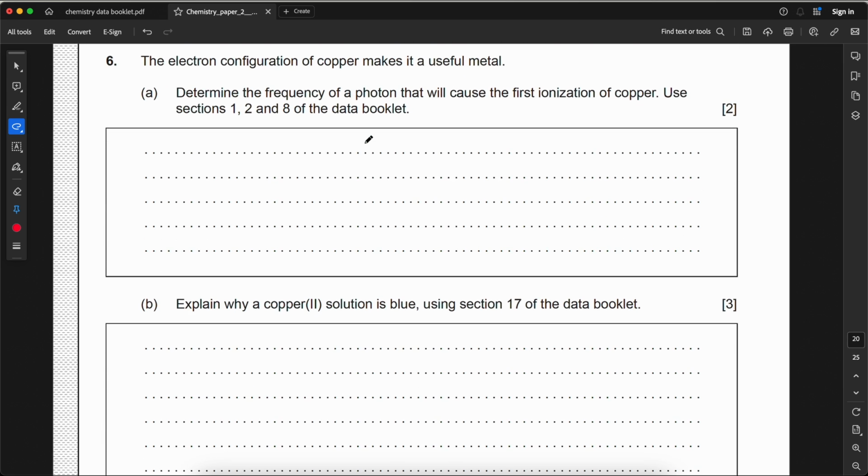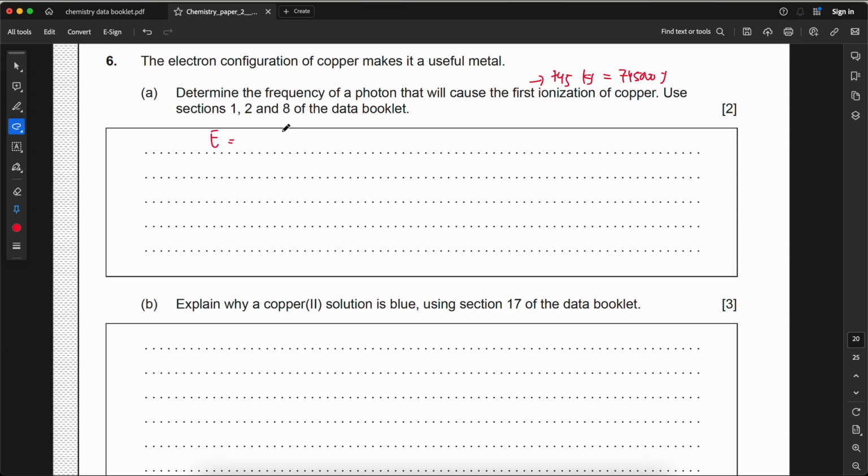The electron configuration of copper makes it a useful metal. Determine the frequency of a photon. So first we need to calculate the energy. The first ionization energy of copper, if you refer to section 8 of the data booklet, is 745 kilojoule, which is 745,000 joule.